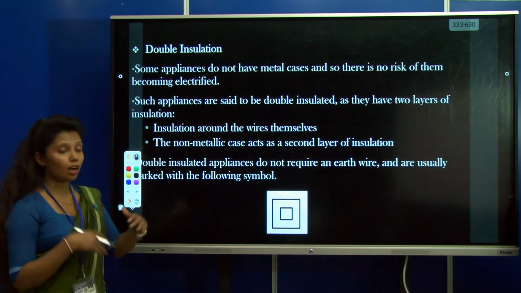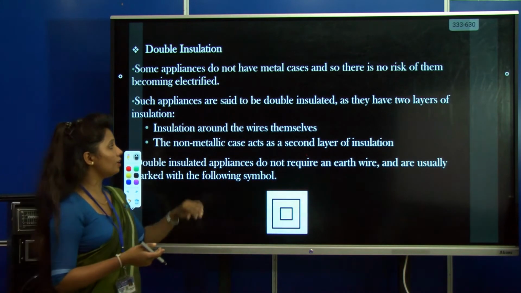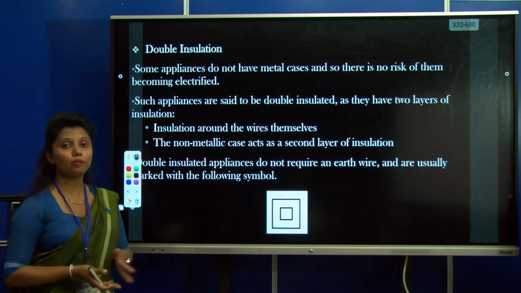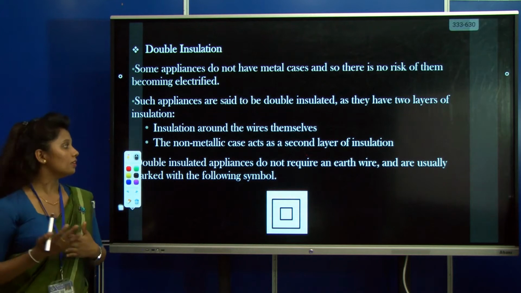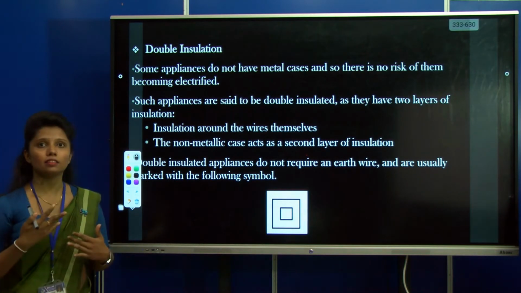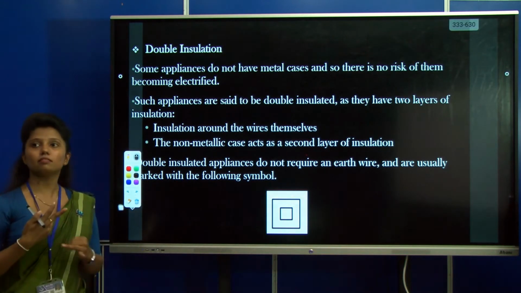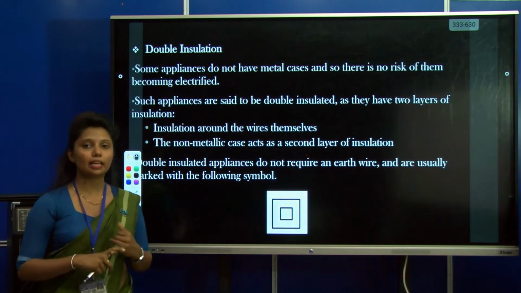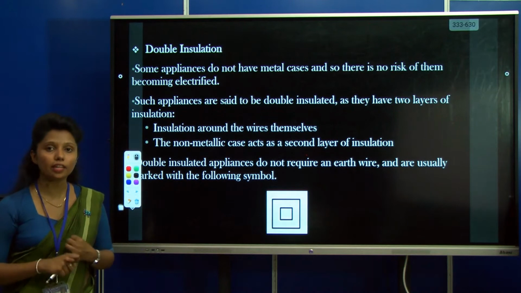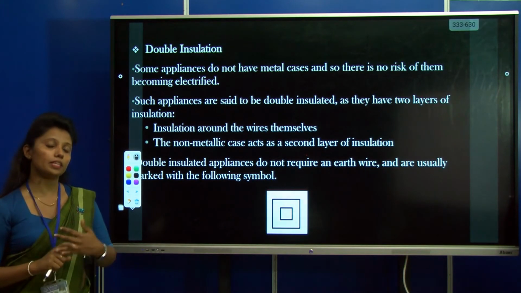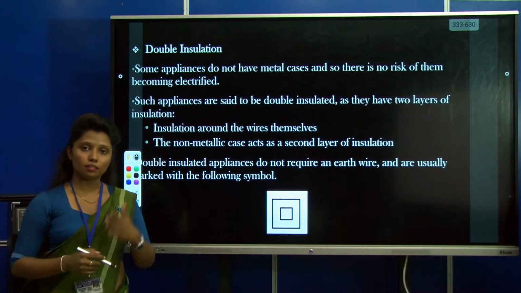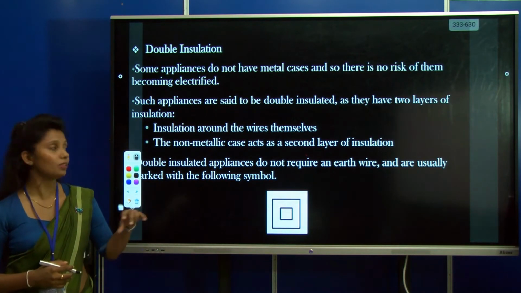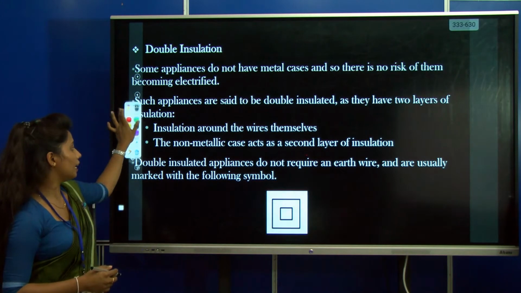The outer part of the appliance is made up of non-metallic cases like plastic, fiber, those kinds of things. Those are non-metallic, which means those are electric insulators, and through electric insulators electricity cannot travel. So, we won't get electrified.